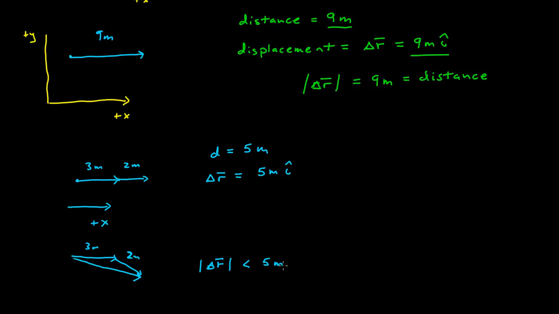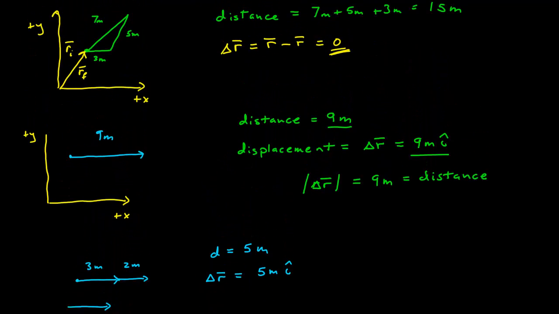So for a particle moving between 2 points, the maximum value the magnitude of the displacement can have is the distance. The magnitude of the displacement will always be equal to or less than the distance. And that's the end of this module.